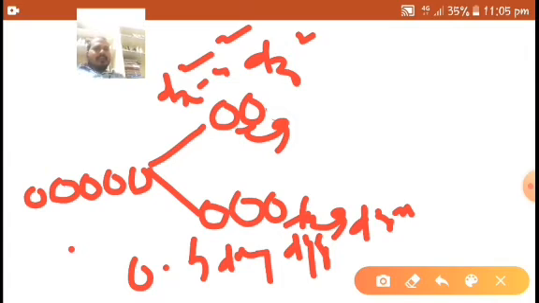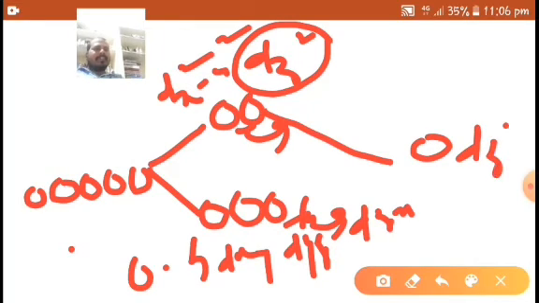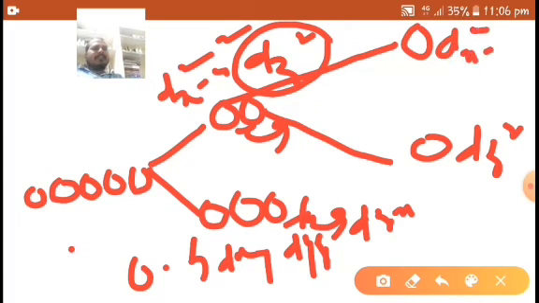Here there is no ligand along the z axis, so there is no repulsion with the dz square orbital and its energy will be decreased, and the energy of dx square minus y square will be increased. So the Eg orbitals further split into two, dx square minus y square and dz square.